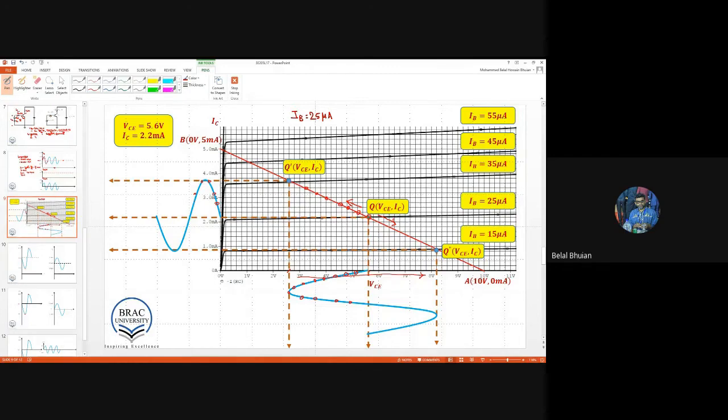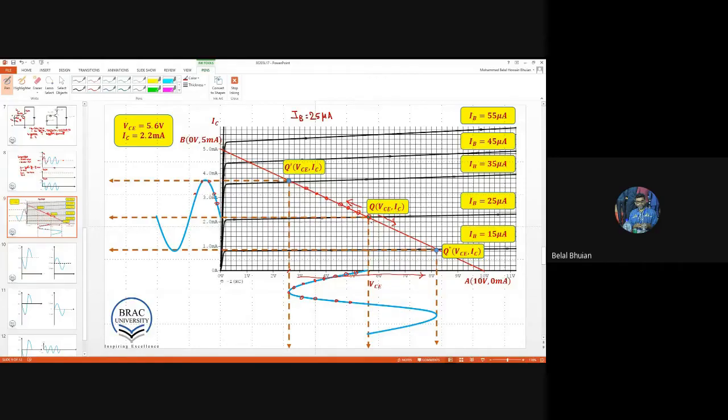Similarly, IC that you measure, if you draw the horizontal line where it intersects the IC axis, IC is equal to 2.2 milliampere. So from each Q point we get the value of VCE and IC, where VCE is the voltage from collector to emitter and IC is the current to the collector terminal.